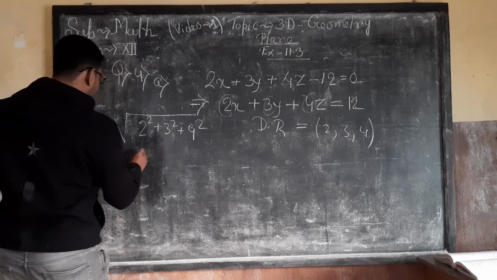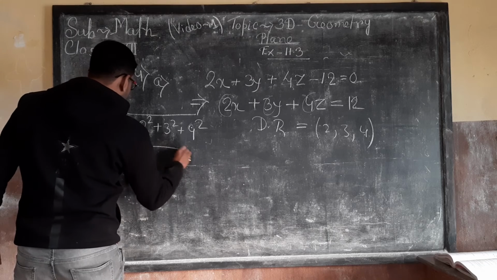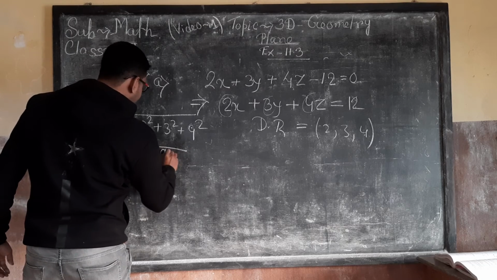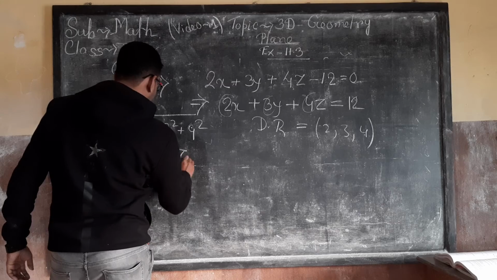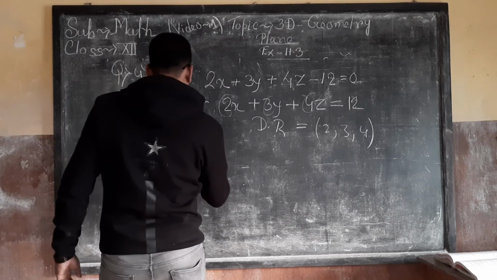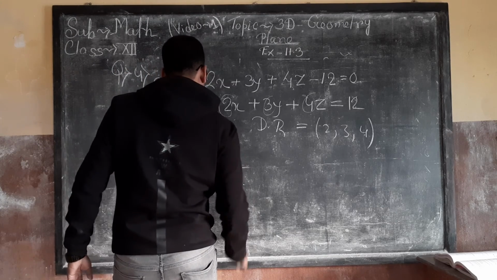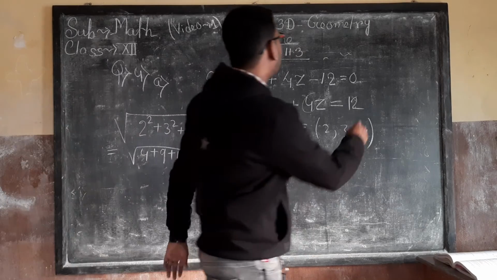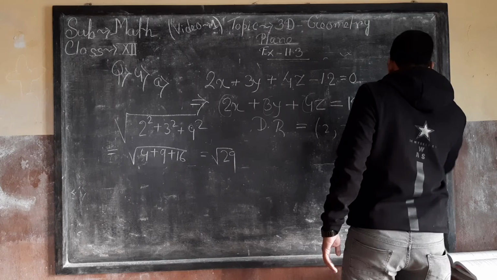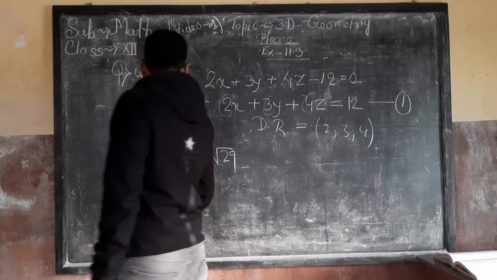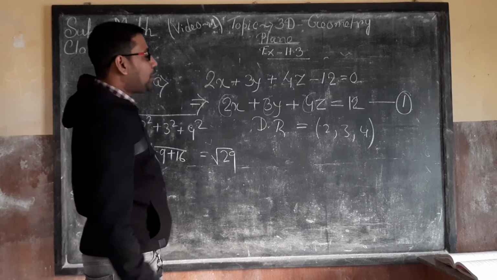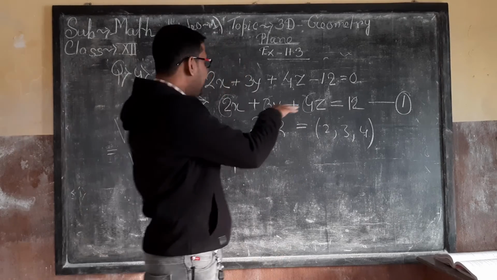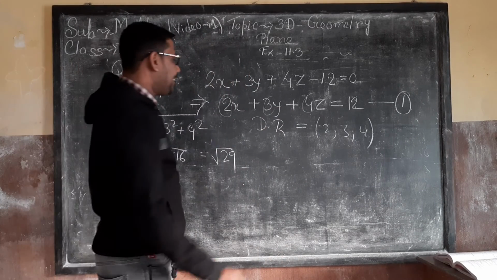So apply the same process to find 2 square plus 3 square plus 4 square, and it produces 4 plus 9 plus 16, that means 29. Suppose we consider this as equation 1, and both sides of equation 1 are divided by root 29.